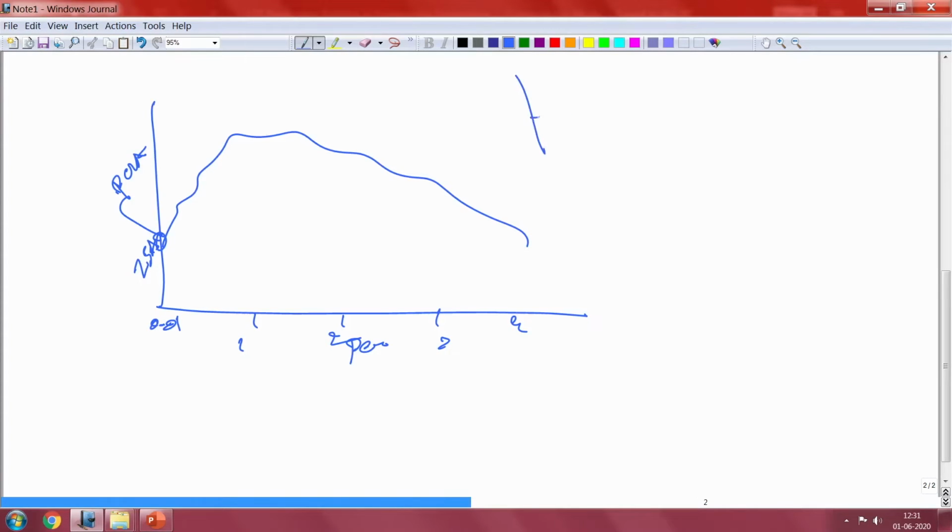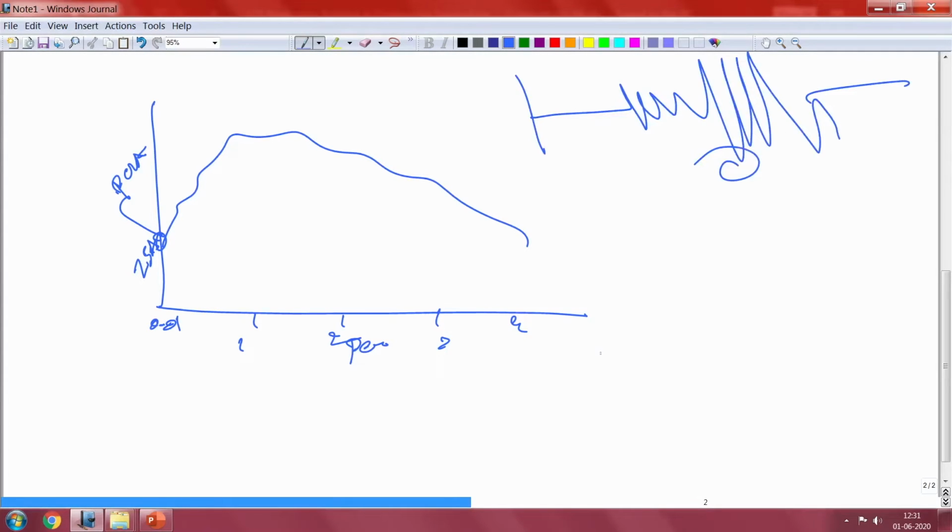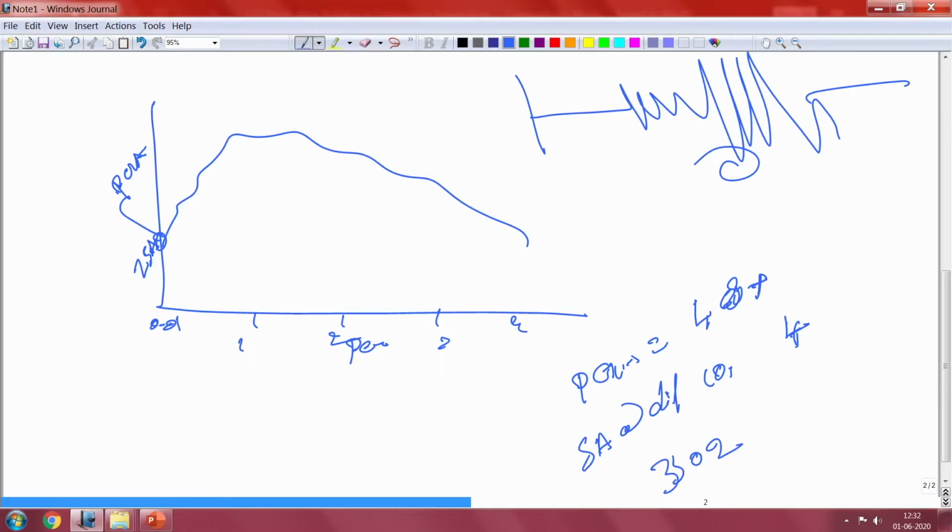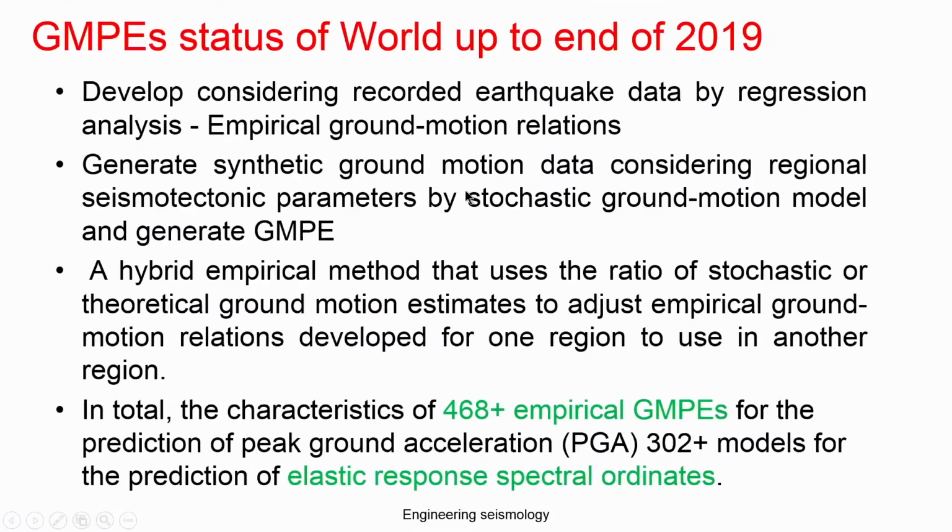Then another data is your acceleration time history, where you get a peak value. The equations which predict only the PGA number 462 plus models. The response spectrum, that is the SA at different periods, starting from 0 to 4 seconds, for that kind of data we have 302 models developed so far in the world up to the end of 2019. That is the summary Douglas has given.